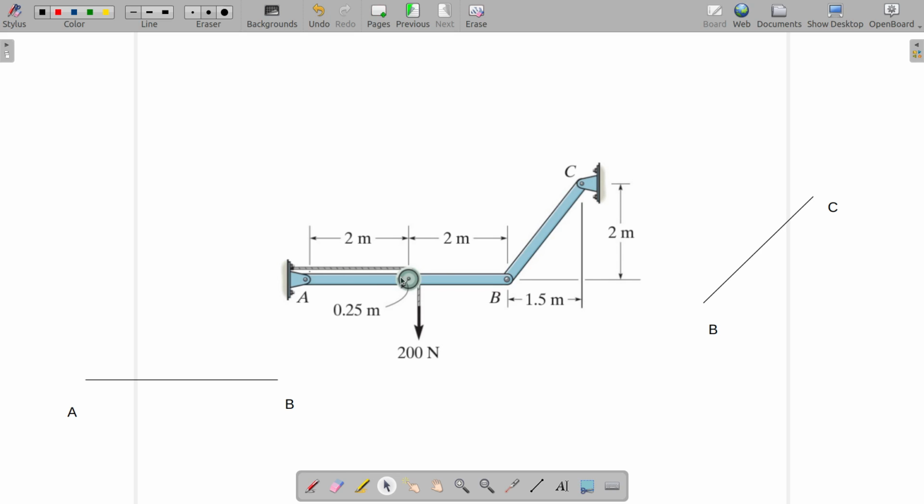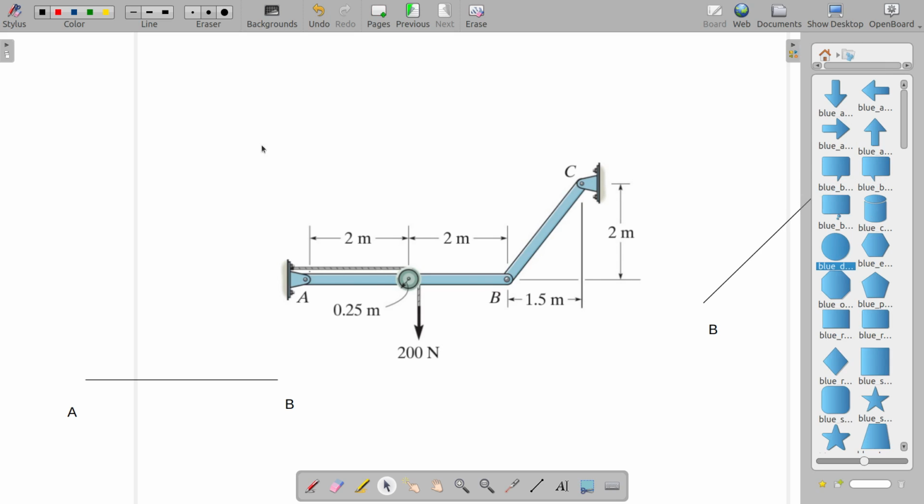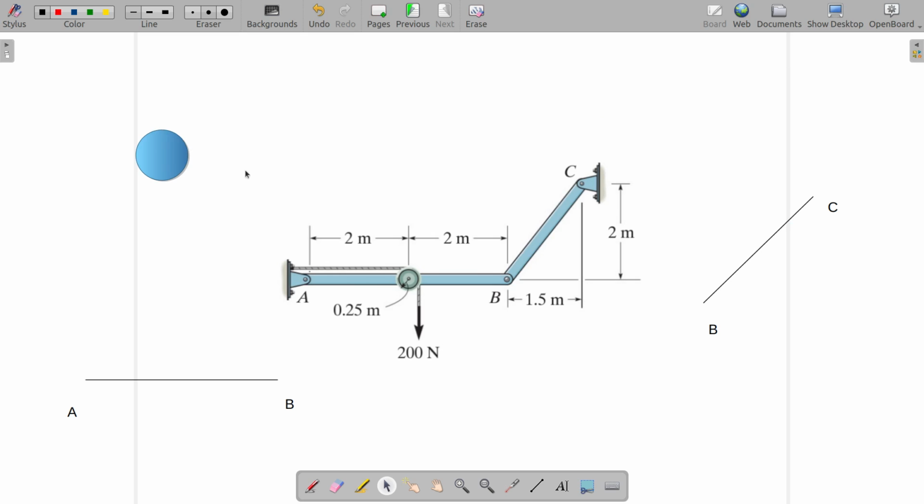At the middle of AB there is a pulley, and if I draw the pulley separately, let's say that's our pulley, and there is a rope on the pulley, and a 200 Newton force is being applied on the rope.